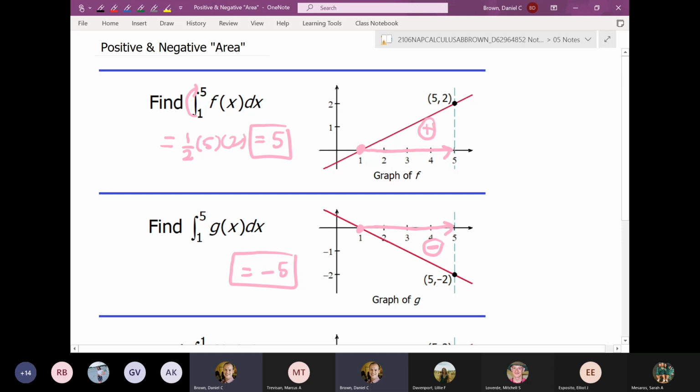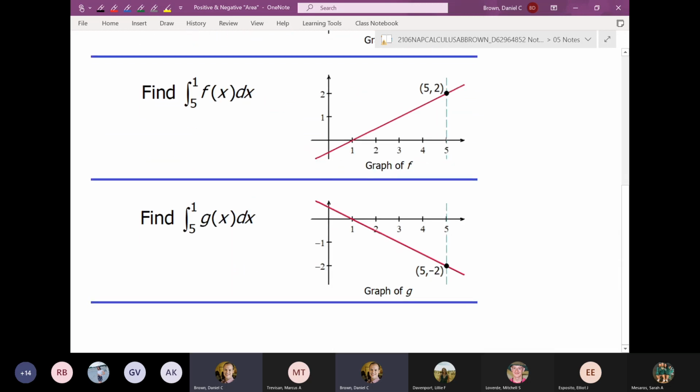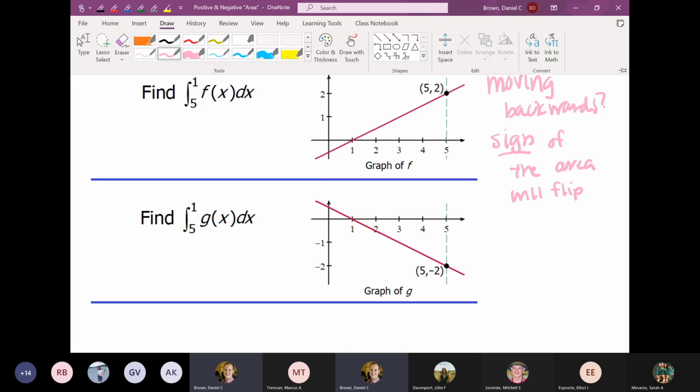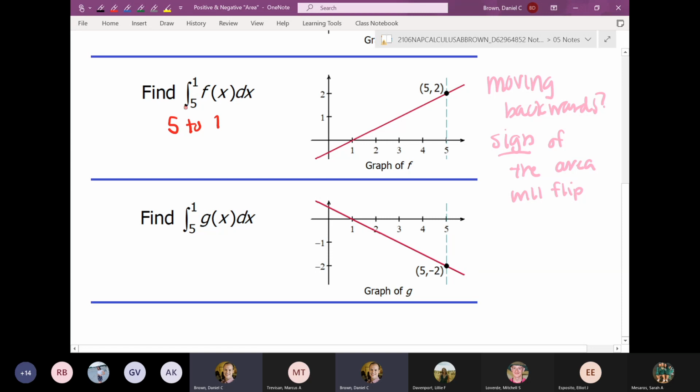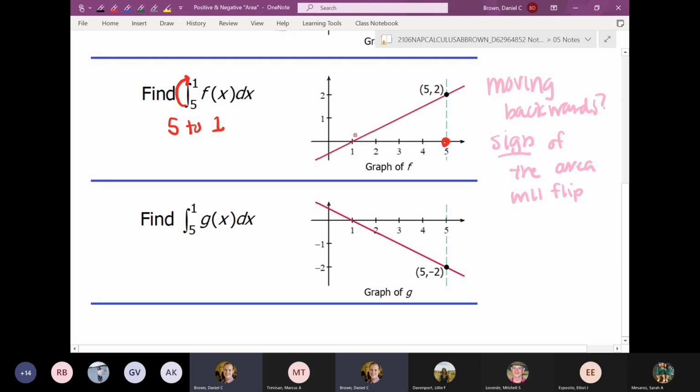Now, if I flip the limits of integration, that will be in these second 2 problems. This will be the new stuff. If you are moving backwards, the sign of the area will flip. So for example, in this first one, I'm going from 5 to 1. 5 is the bottom one, and 1 is the top one. So you're starting at 5, moving backwards to 1. When you're moving backwards, what was a positive area would become a negative area.